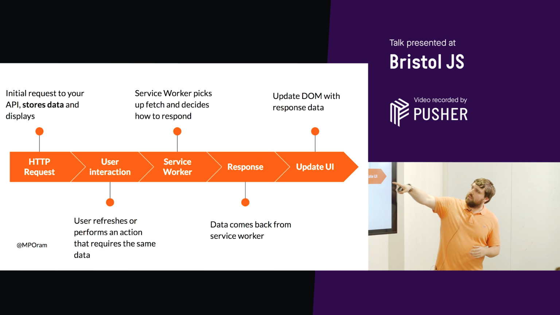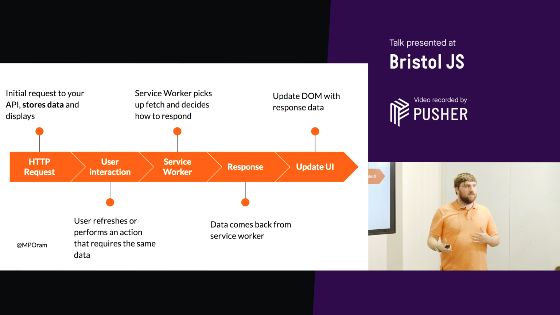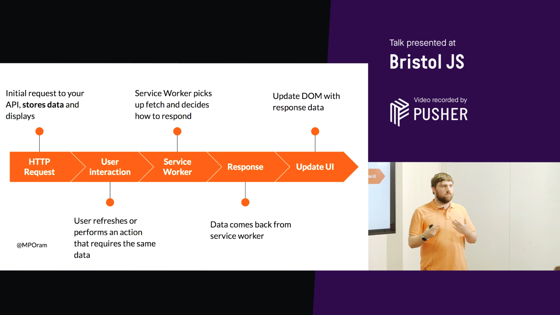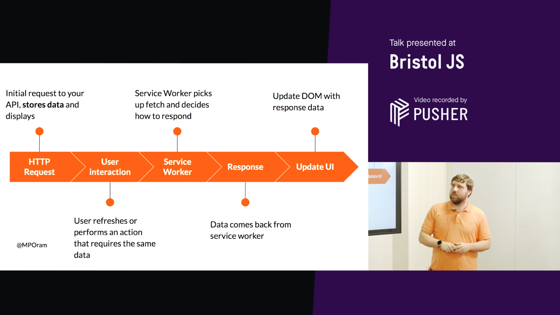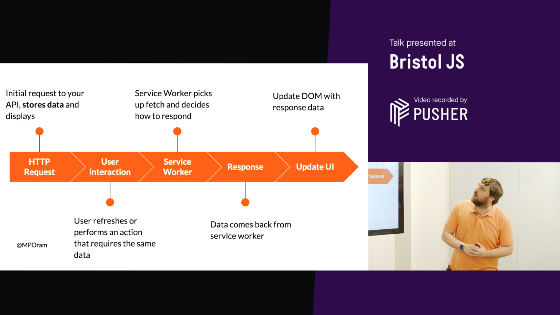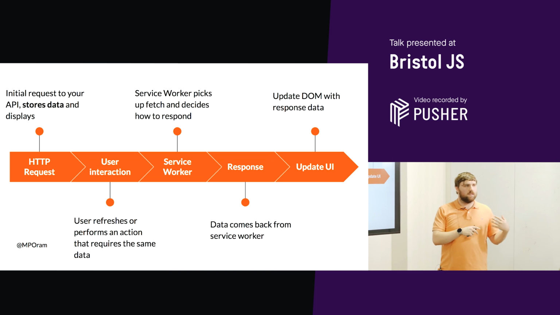The service worker then picks up on the fetch request where you're trying to go back and get that data and can decide how to respond. Yeah, we've already got that data in the cache, we'll just give it back, or no, that data is more than 5 minutes old, so we'll go and get some new data. The service worker responds with the data. As far as your actual application is concerned, it's the data from the network, it doesn't know any different. And then obviously your application just updates the UI as normal.